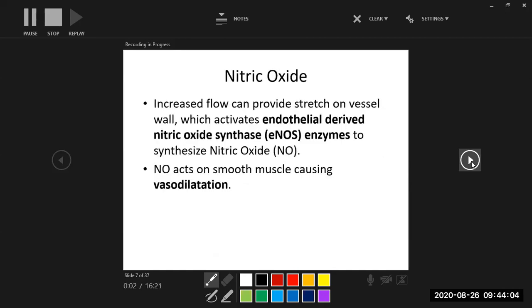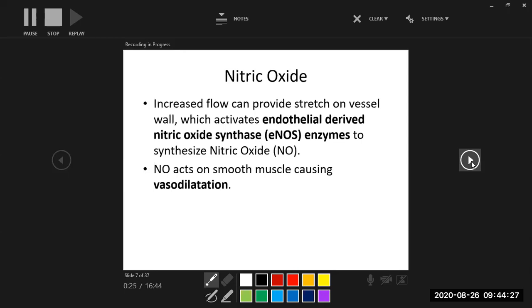In addition to that, another mechanism is also very important. That is nitric oxide, NO. NO is a very important molecule in our body to maintain vessel health.